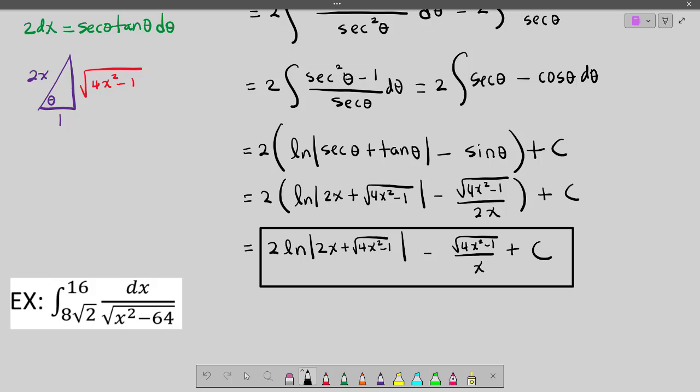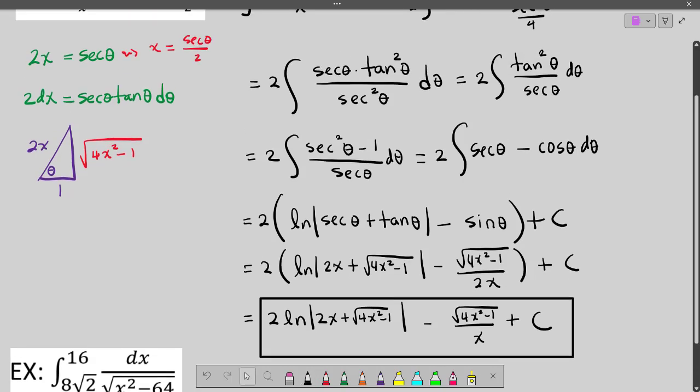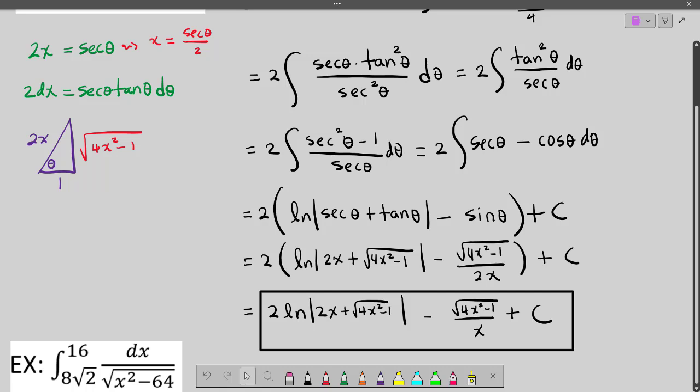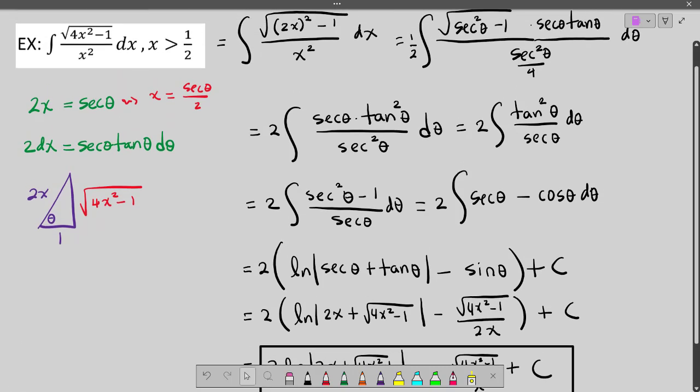All right, questions on that one? Can you explain the triangle, why 2x is the hypotenuse? Yes. So our triangle is always going to be built from looking at this. Whatever we're using for our substitution, that's how we build our triangle.